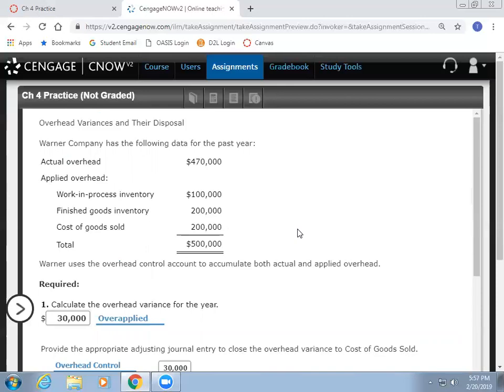So we would take each of them separately. Work in process would be 1/5 of 30,000. And then your finished goods would be 2/5 or 40%. And same with cost of goods sold.